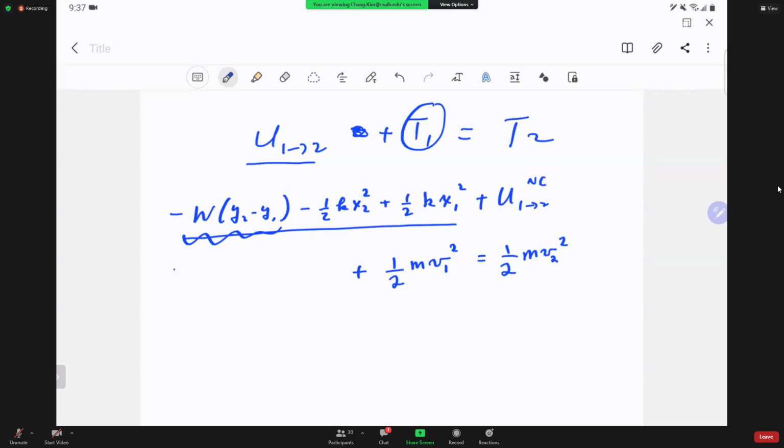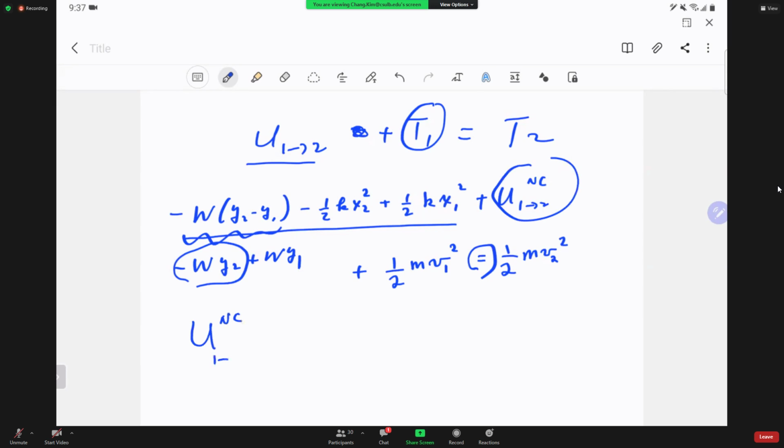For example, this guy is minus W y2 plus W y1. So all the terms related to 2, I'm going to push to the other side of the equality. What's left here is, I'm going to write this guy first, U_NC 1-2, and then this guy W y1 plus this guy 1/2 times K x1 squared.